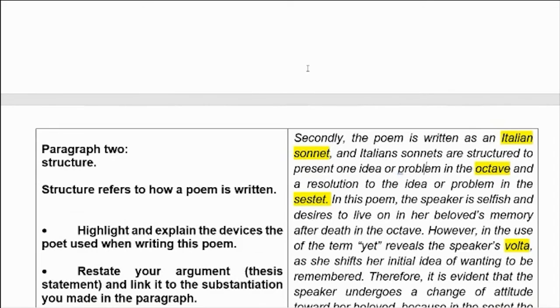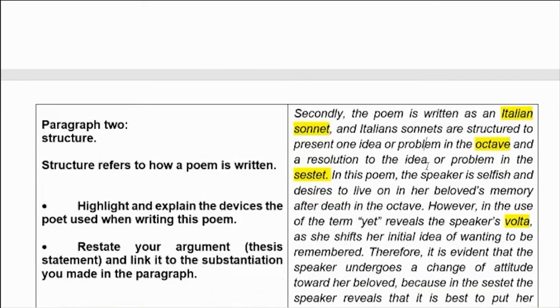Remember, in video 1 of the series I explained this, and a resolution to the idea or problem in the sestet. So lines 1 to 8 will say one thing in the octave, and lines 9 to 14 will say another thing in the sestet. In other words, there will be a resolution to that problem, or idea.